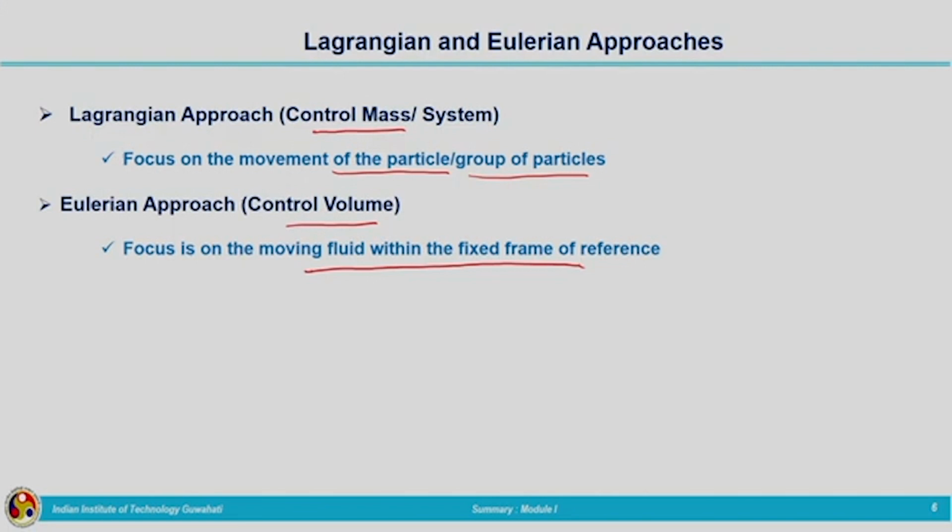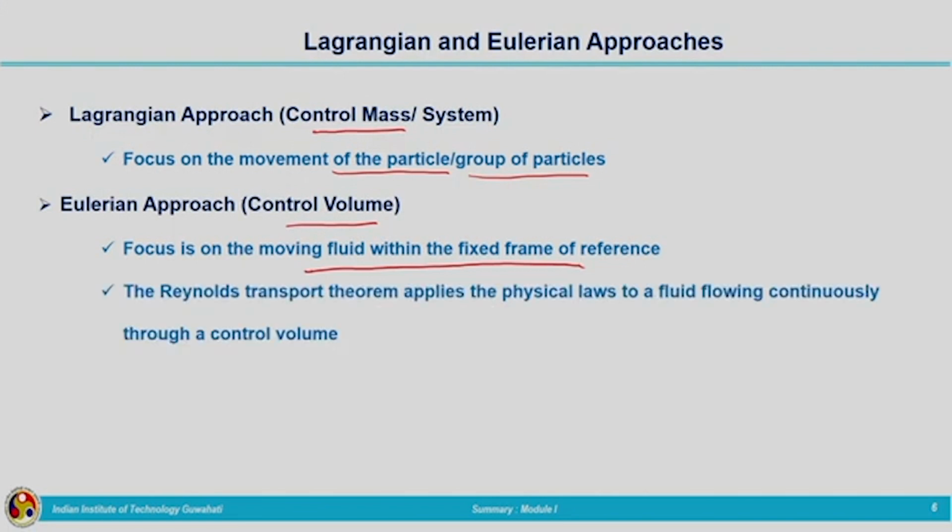The Lagrangian approach focuses on the individual particle or control mass, but in the Eulerian approach the mass will be different. Reynolds transport theorem is derived for deriving the physical laws through a control volume.